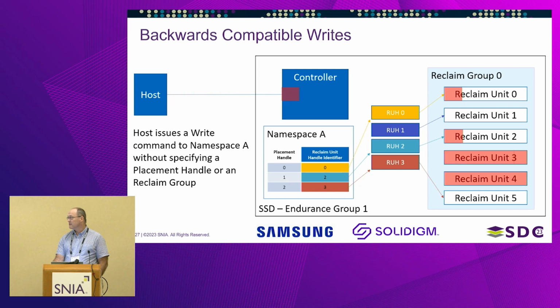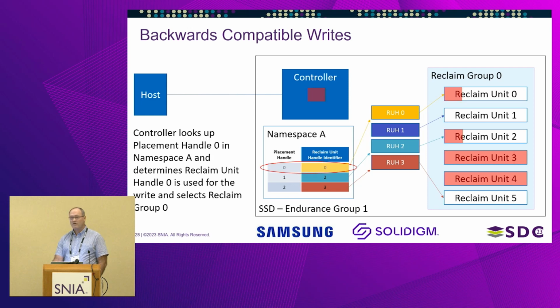When that comes in, the controller will say, oh, I don't know where to place this. So by requirement of the standard, it's always going to use entry level 0 for the write in terms of picking which reclaim unit handle to use. If your FDP configuration has multiple reclaim groups, the controller will pick which reclaim group to place it in.